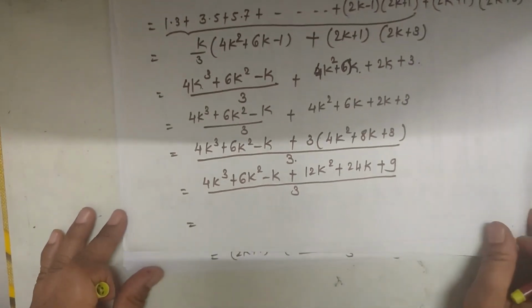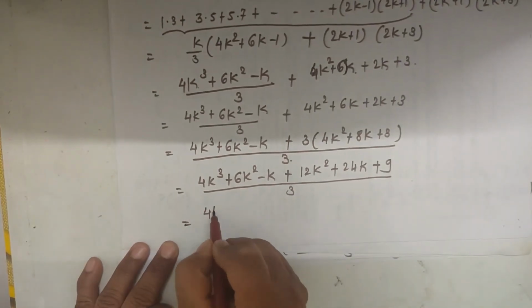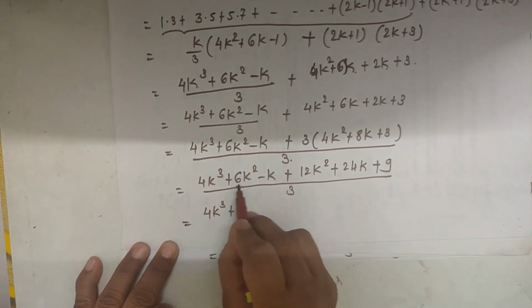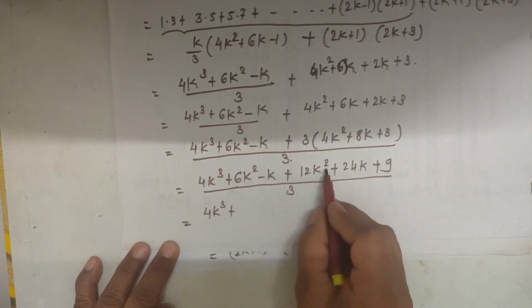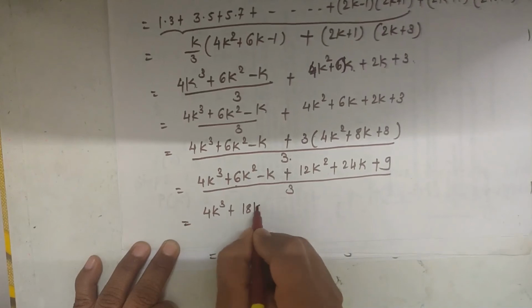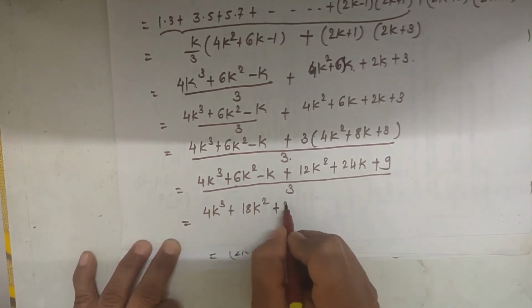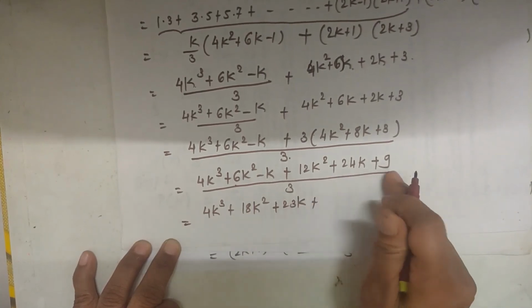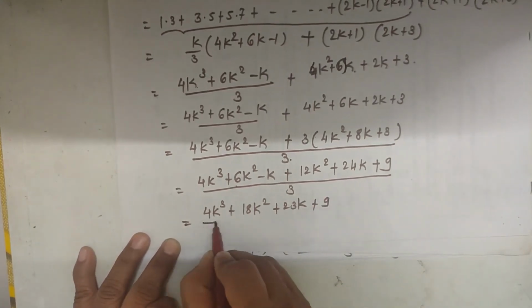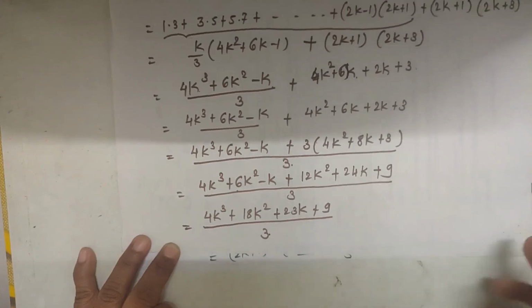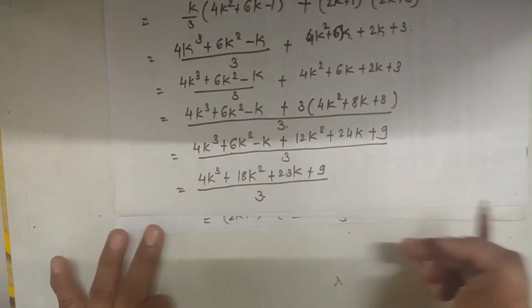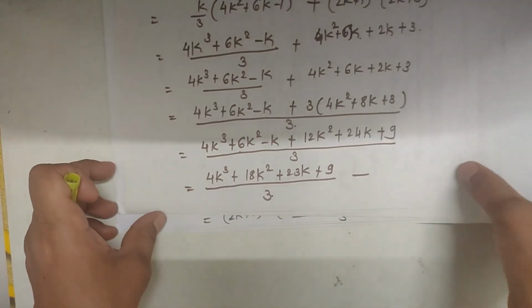Again simplifying this, 4k cube is only one term, 6k square plus 12k square, that is 18k square, minus k plus 24k, that is plus 23k, plus constant term 9 is only one term, divided by 3. And this is the RHS of equation number 2.